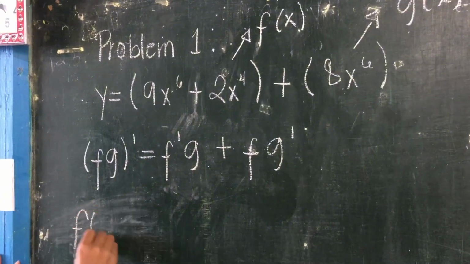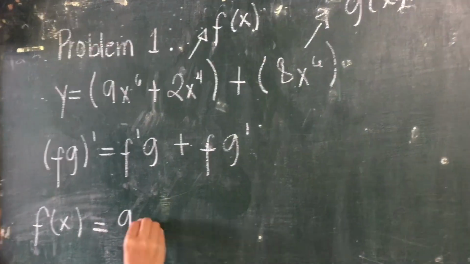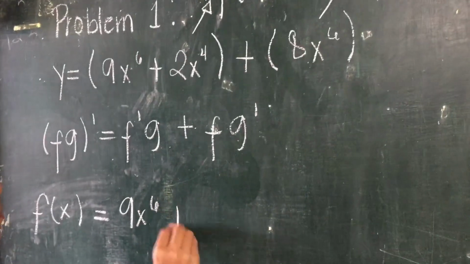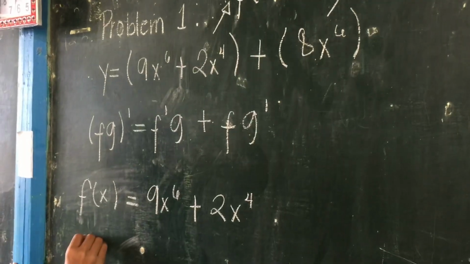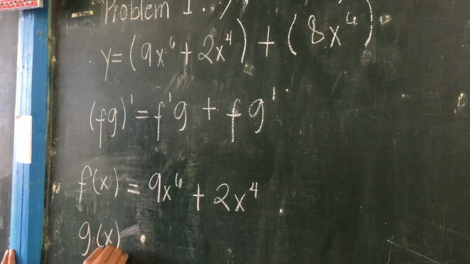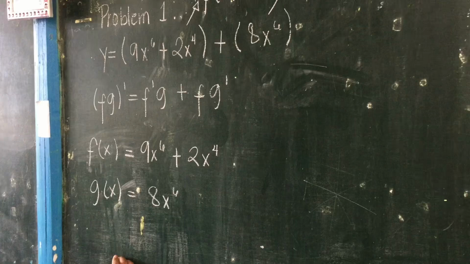We split this into two parts. f of x equals 9x to the power of 6 plus 2x to the power of 4, and g of x equals 8x to the power of 6.